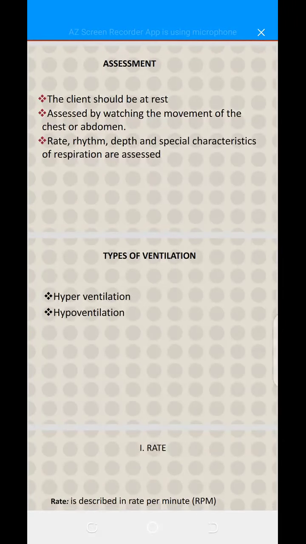Now if you want to take respiratory rate, there are three important points that you need to always consider. Number one, the patient should be at rest. Make sure the patient is at rest. Number two, you are expected to assess the respiratory rate by watching the movement of the chest or abdomen.